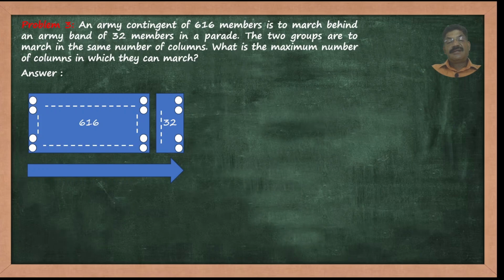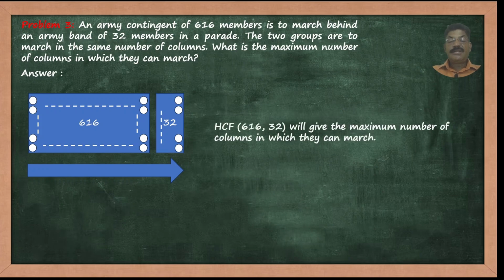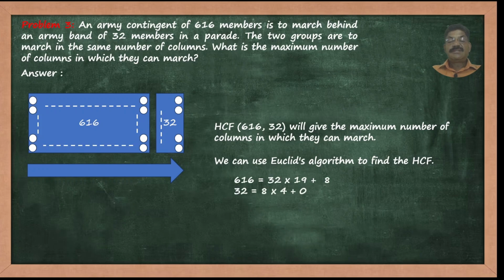Now we do not know the number of columns, but clearly the number of columns must divide 32 as well as 616. Therefore, we have to find the highest common factor of these two numbers. For that, we apply Euclid's division lemma. So when we apply Euclid's division lemma, 616 when divided by 32, we get 19 as the quotient and 8 as the remainder.